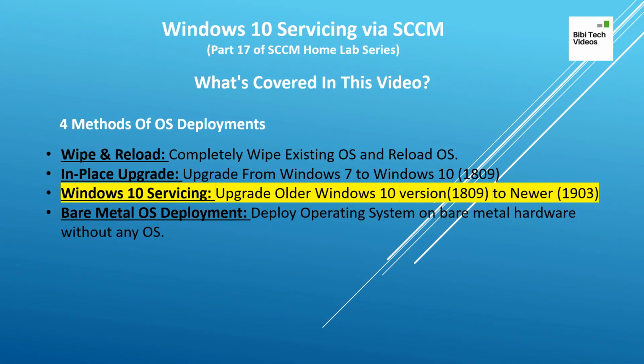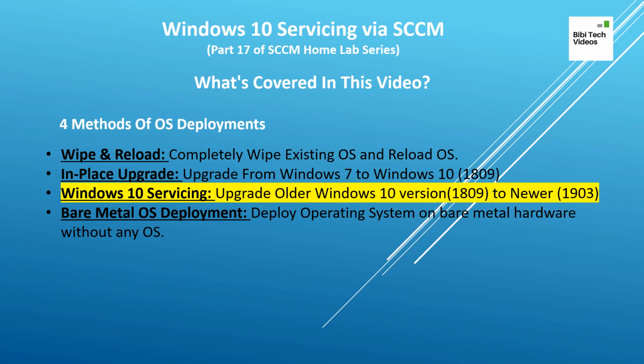In this video I'll show you how to do Windows 10 servicing. Basically, this is one of the methods that Microsoft introduced to upgrade Windows using a servicing method in SCCM.